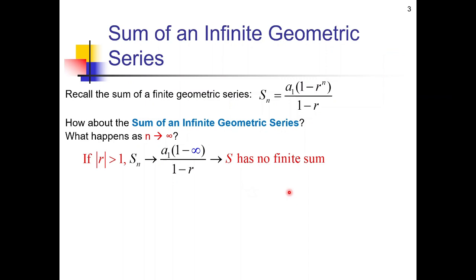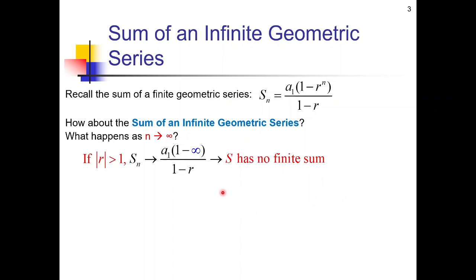And this makes sense if you think about what that kind of series would look like. It would be a series like 1 plus 2 plus 4 plus 8 plus 16. Basically, if you had an r value of 2, you just keep adding bigger and bigger numbers together. So of course, that series is just going to go off into infinity as you keep adding more and more numbers.